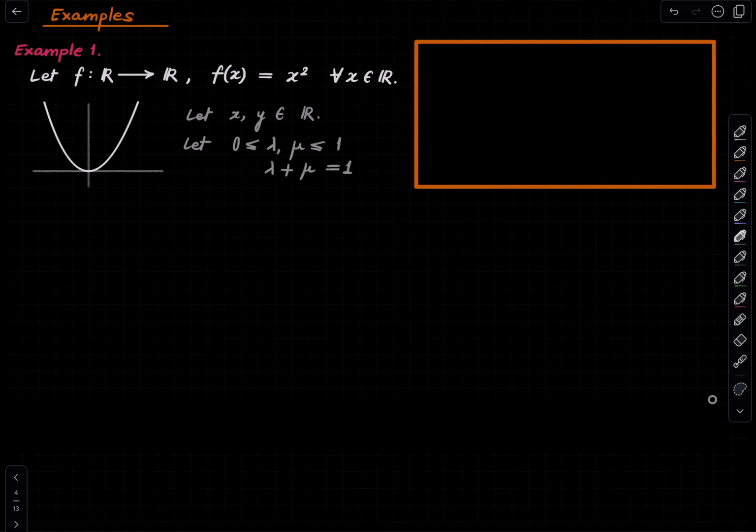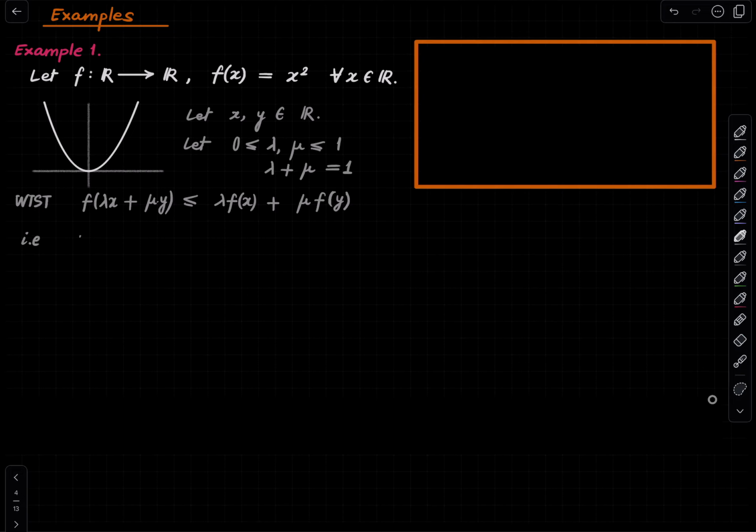Yeah, and we want to show this. But what is this? What is the left hand side? The left hand side is, or maybe let's run with both the sides simultaneously.